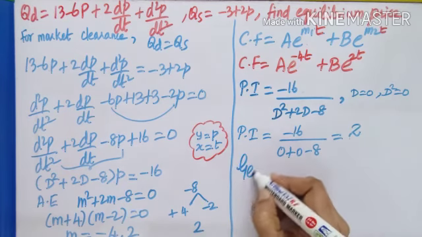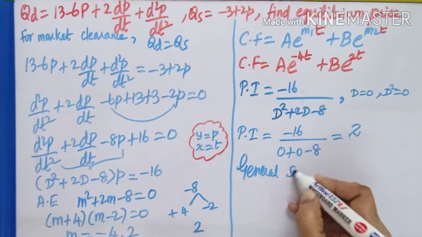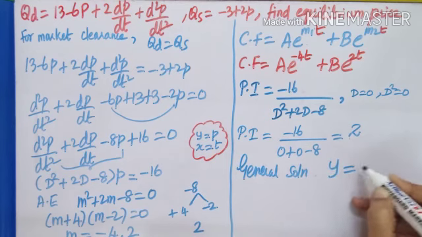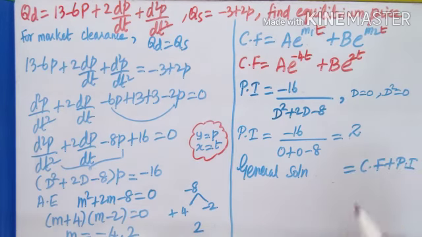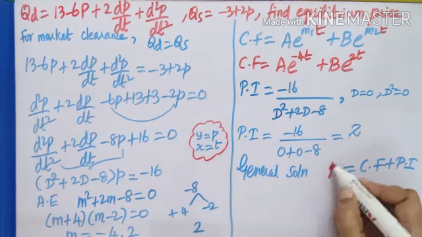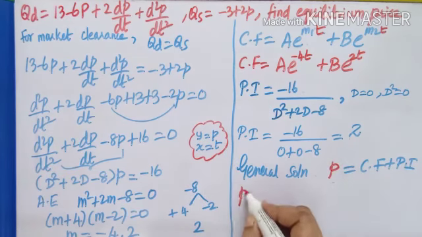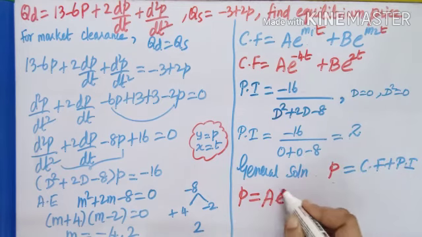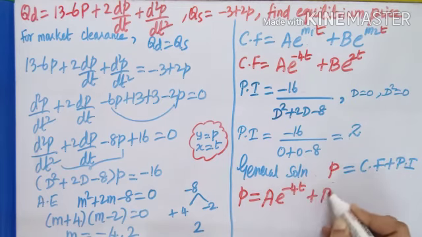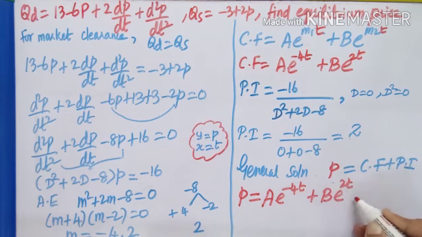Now I want to write the general solution. The formula y equals CF plus PI. What should you remember? Instead of y, now it is P. So the general solution P equals CF, A e^(−4t) + B e^(2t), and PI is 2. So this is the final answer.